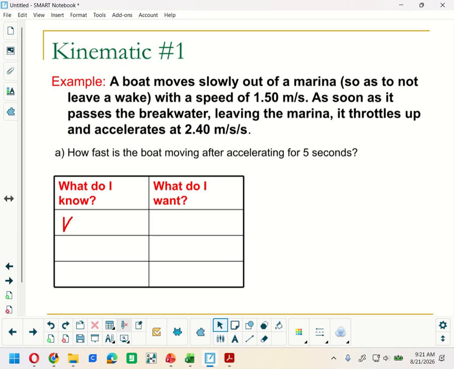So my initial velocity is going to be 1.5 meters per second. All right, what else do we know? Acceleration. Is it 2.4? Yeah.